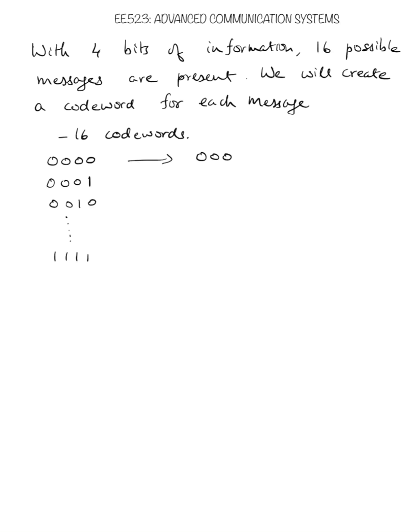So 0 0 0 0, and we'll add 3 bits of parity. 0 0 0 1, and we'll add 3 bits of parity. 0 0 1 0 and 3 bits of parity, and so on up to 1 1 1 1 and 3 bits of parity. The question now is, how do we compute the 3 parity bits?